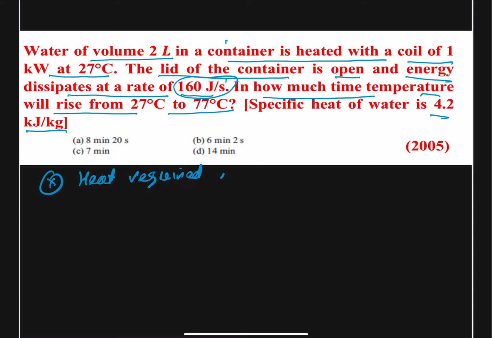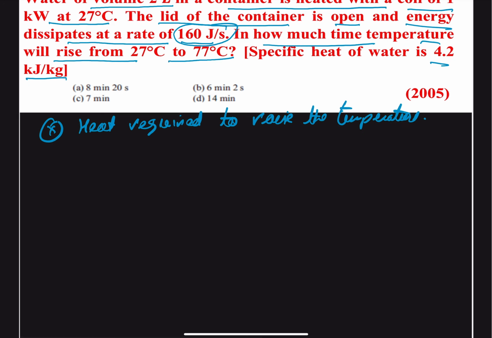Heat required to raise the temperature is given as Q is equal to M multiplied by C multiplied by delta T, where M is the mass of the liquid, here the mass of water.